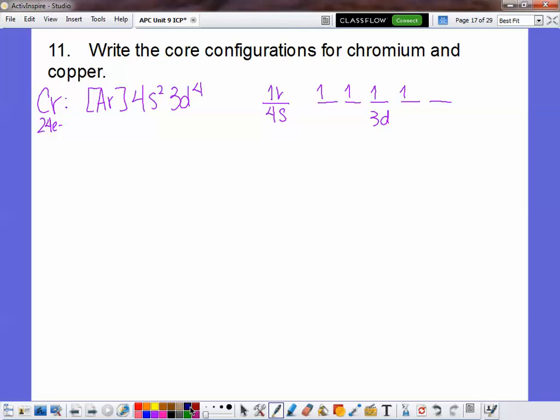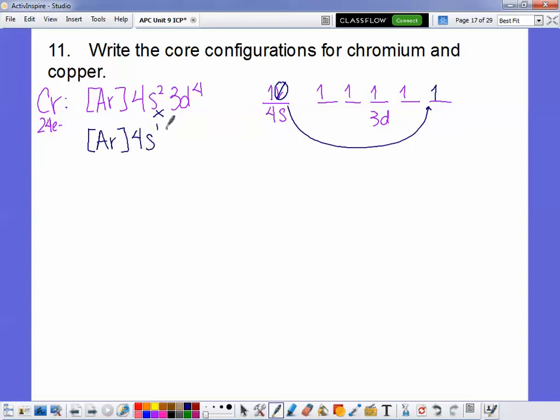It is a more stable configuration for this electron to not be there, and to be here instead. The electrons are at a slightly lower energy for that sublevel to be half filled. So really, the core configuration is Ar 4s1 3d5.